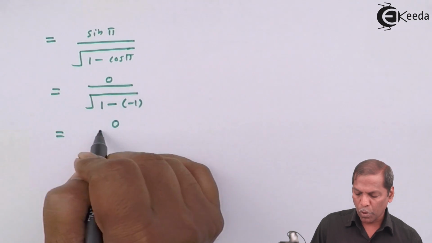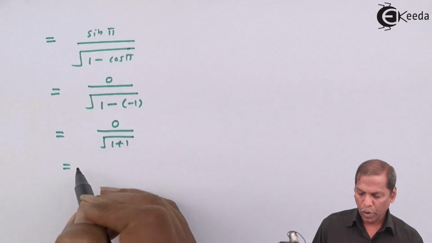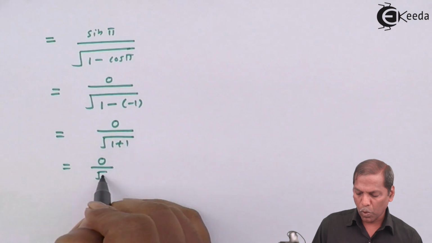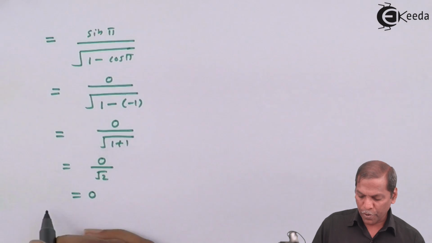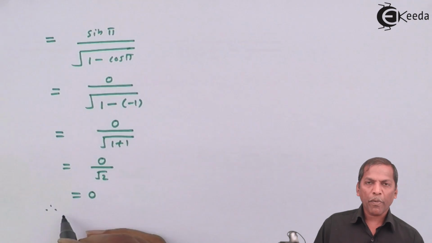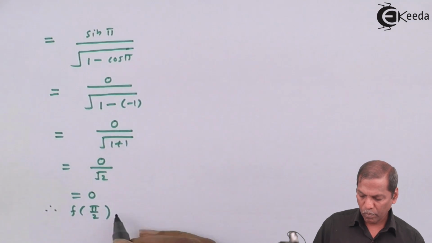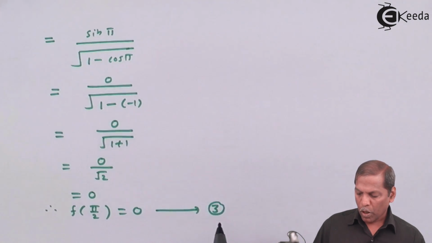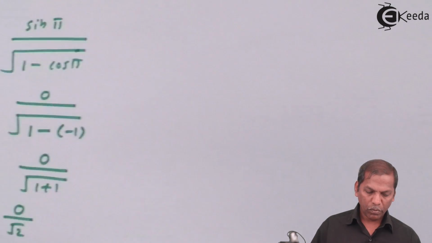So that equals 0 upon square root of 1 plus 1, and that is 0 upon square root of 2, and that equals 0. So in this way f of pi by 2 is equal to 0. Let us denote this as equation 3.